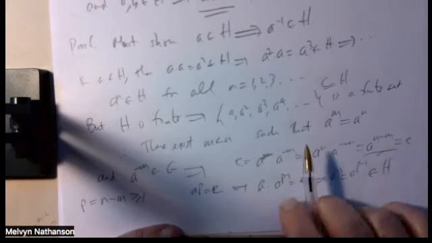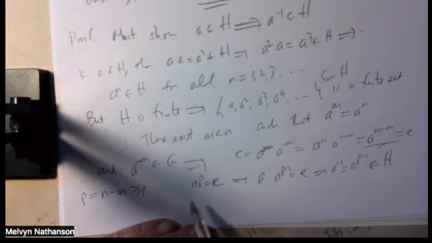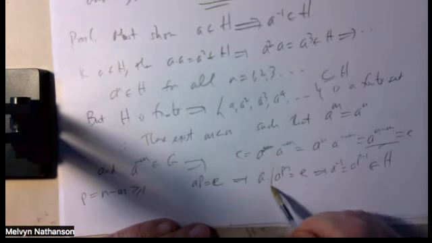N minus m is some positive integer, I'll call it P. So A to the P is the identity. If P is 1, that just says A is the identity. That's not so exciting. But otherwise, P is bigger than 1, and A times A to the P minus 1 is the identity. So this element has to be the inverse of A. So the inverse of A is in H. And that's the proof.